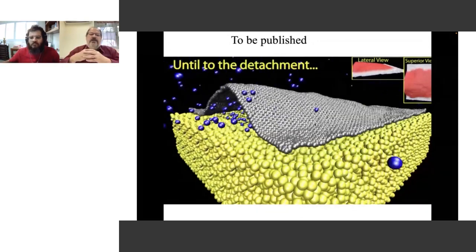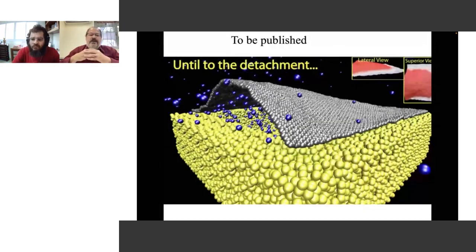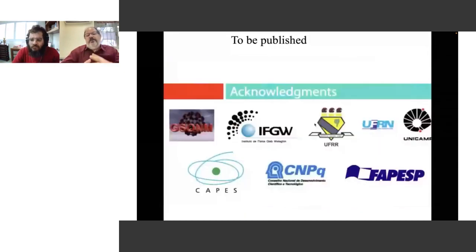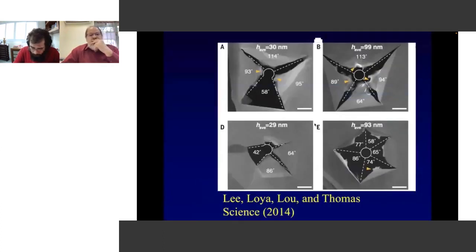The simulation showed that it's a sudden detachment. That's very good if you can use this as a sensor, because it would be a chip that can work in a harsh environment, and you can use a very simple device like a laser to probe whether you have leakage or not.